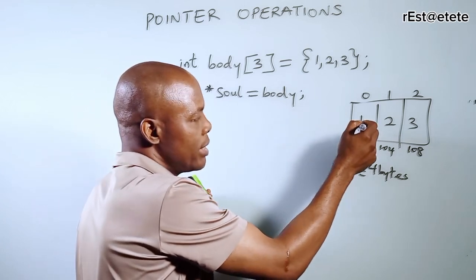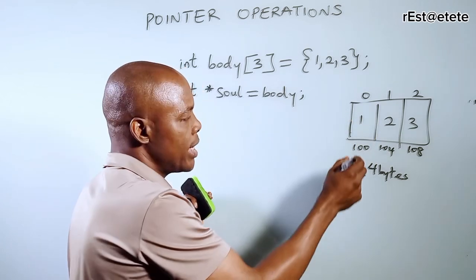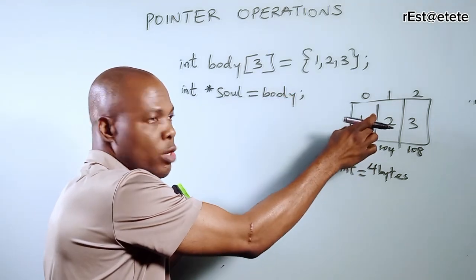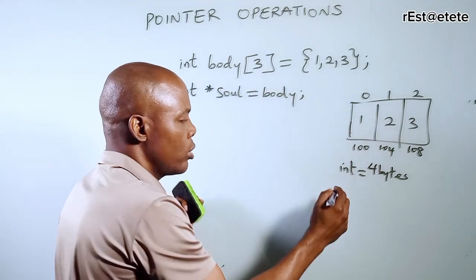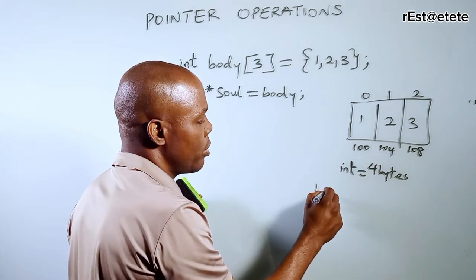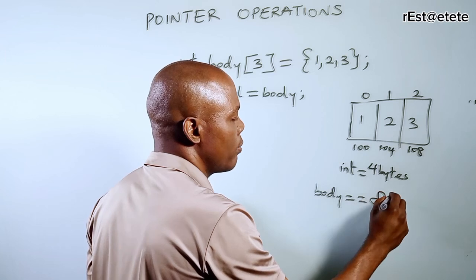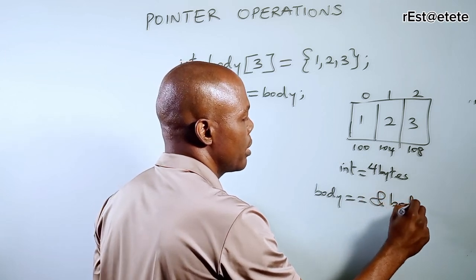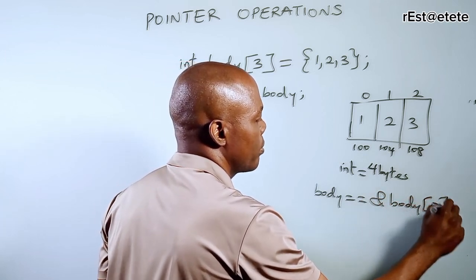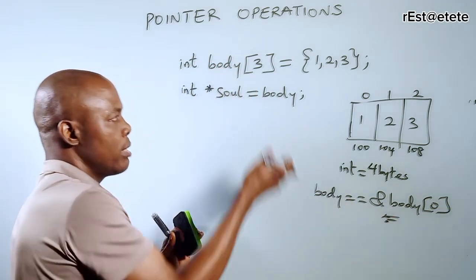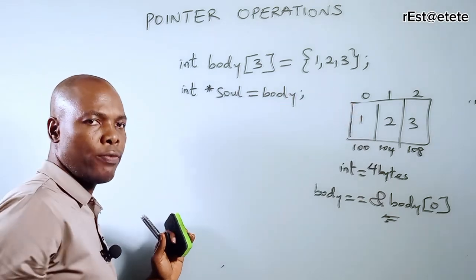So the first element in this array is 1, and the address is 100. So it means this body is resolving to the address of this one. That is what it means. So this is the same thing as saying address of body 0. So it's resolving to the address of the first element.